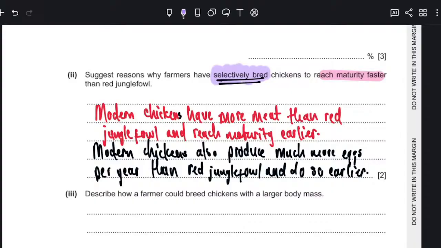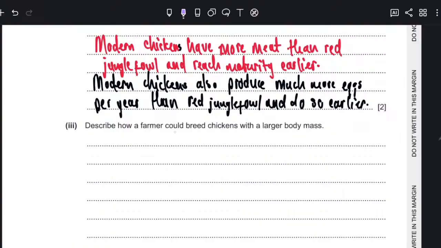Okay? Describe how a farmer could breed chickens with a larger body mass. How can a farmer breed chickens with a larger body mass? So, how could they?